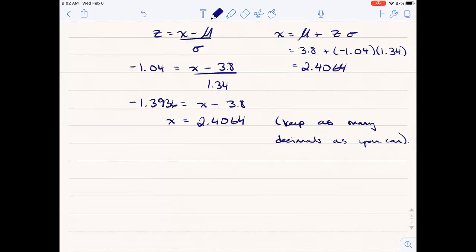As long as you've shown me your work, if you ended up rounding, that's fine. Unless I specify, say, give me 3 decimal places, and you don't follow that instruction, then that's not good. But if you just show me what you did and then you round, then I'm okay with that.